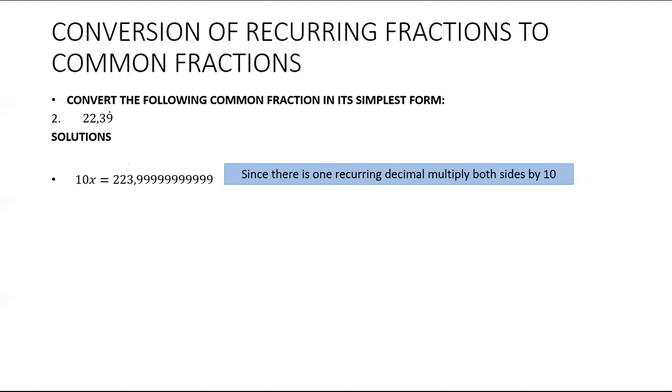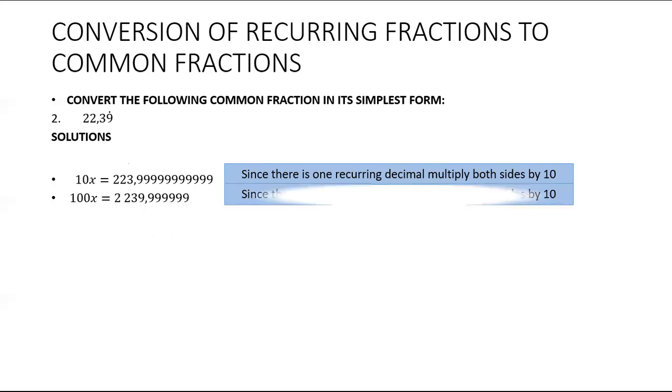What is 10 times 10x? It's 100x. What is 223,999999 times 10? It is 2,239,99999.